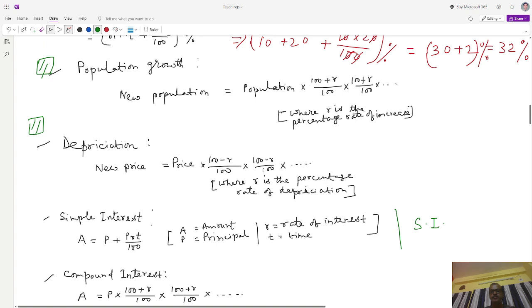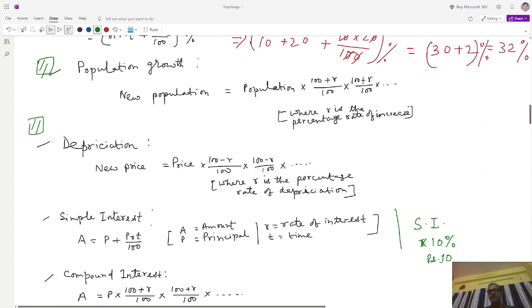Say the rate of simple interest is R%, or for a specific example, say 10%. That is, the simple interest for 100 rupees is equal to 10 rupees for a year.